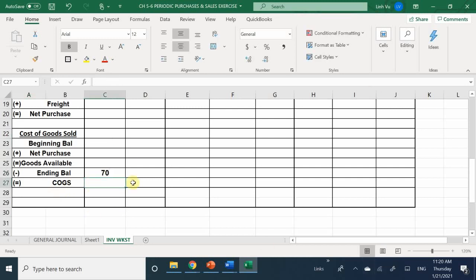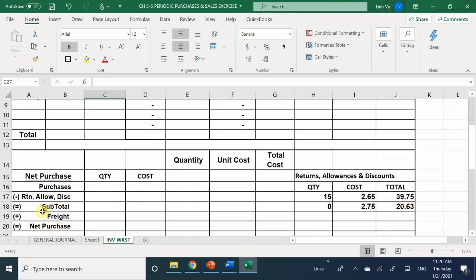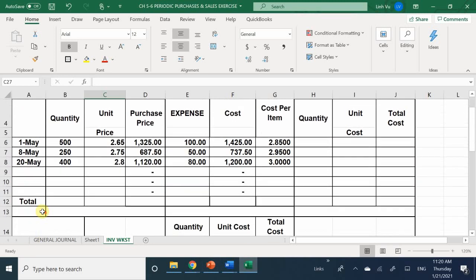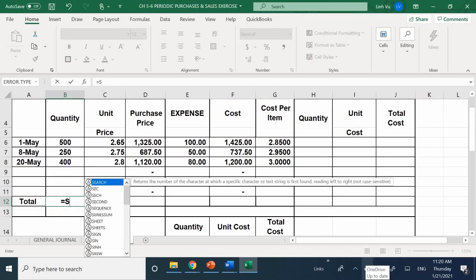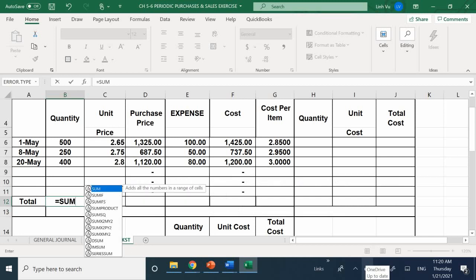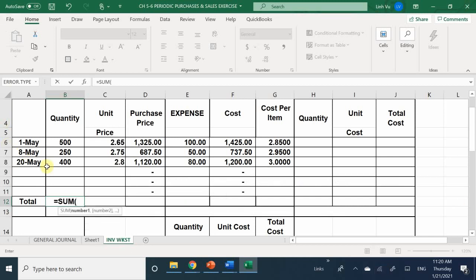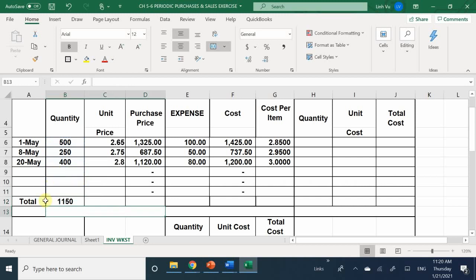I have 700. Ending balance. That's the ending balance. So therefore, we reach the end of our given period. So what do we need to do? Yeah, we can finish the worksheet. So let's go ahead and complete it.